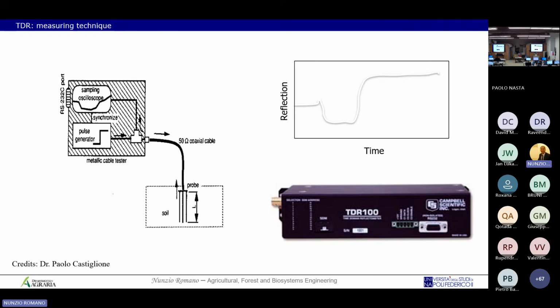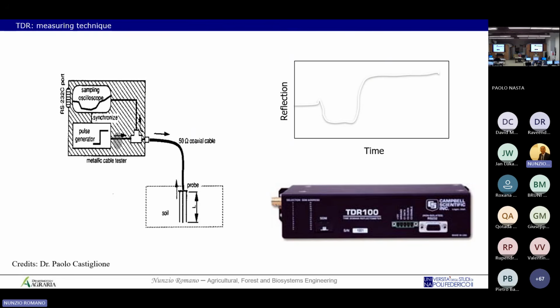What you see on the screen is what you have in the top right. You have this black disc that moves, and you obtain this waveform. Again, I show you the animation made by Paolo Castiglione.